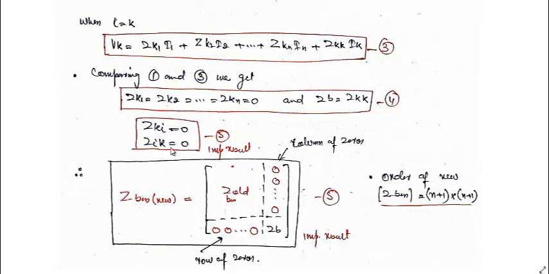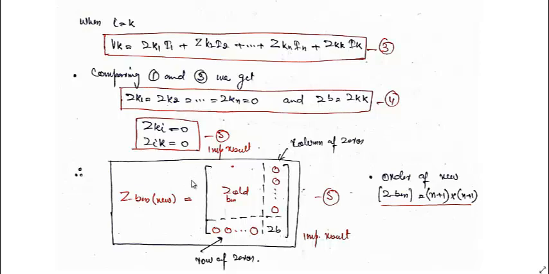So having these two equations into consideration, you can get Z new bus will be equal to Z old, and here there will be a column of 0, and we have to add here a row of 0, and at the kth place we have to add Zb, which will be equal to Zkk, because this will be the kth row.